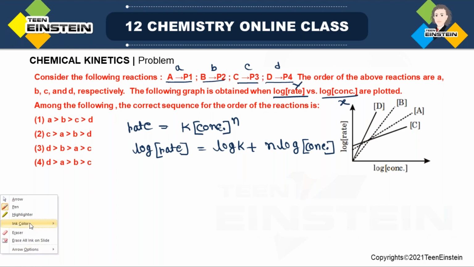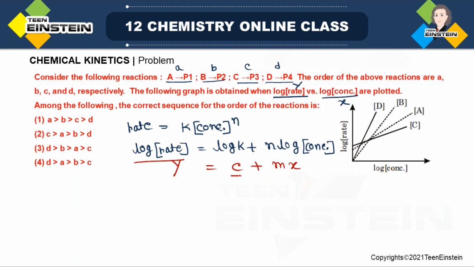Next we have to compare this equation with y equal to c plus mx. Here y is log rate, c is the intercept, that is log k.